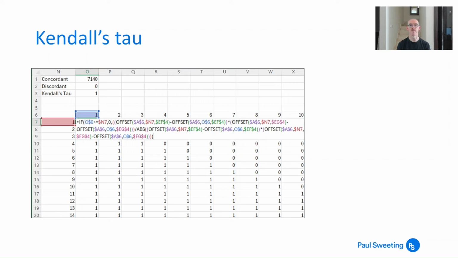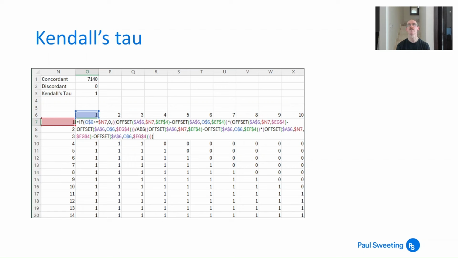And you do that for the asset class denoted by EF4. And we'll see later that I cycle through all the asset classes. So I've got the difference in returns there. Then I do the same for the second asset class, and I multiply those together.